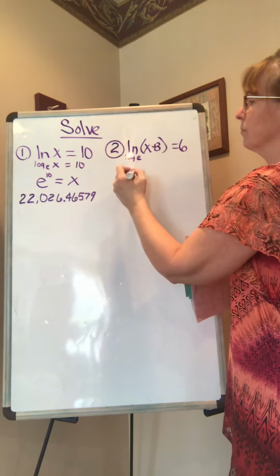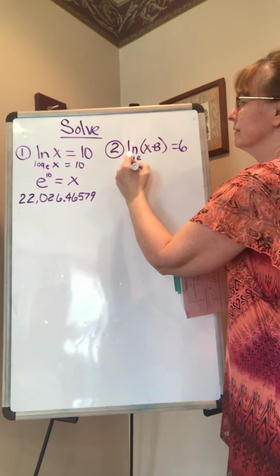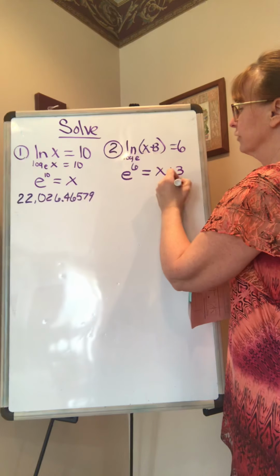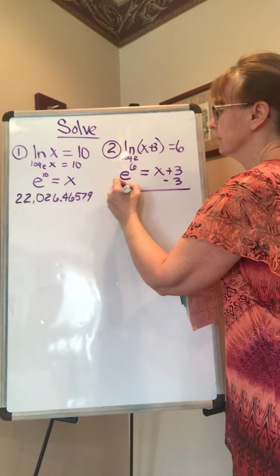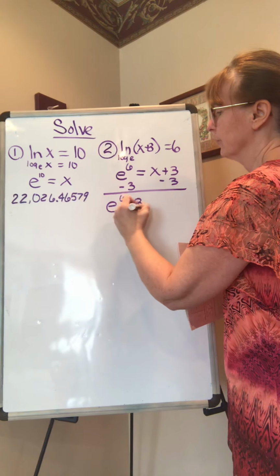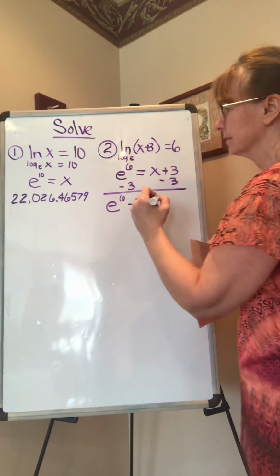So this would now be e to the 6th is equal to x plus 3. Now I'm going to subtract 3 from both sides. And now I have e to the 6th minus 3 is equal to x.